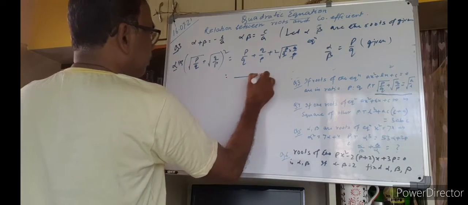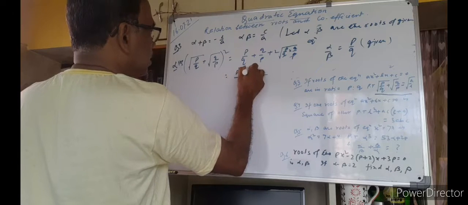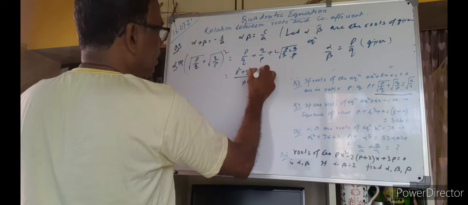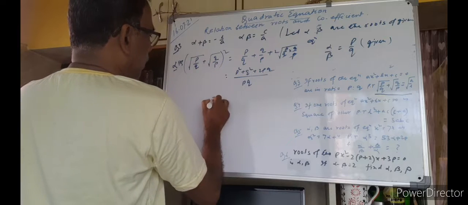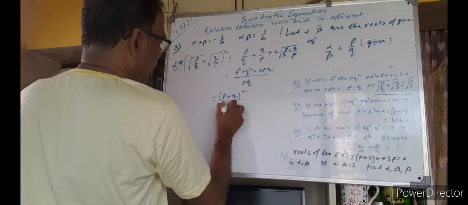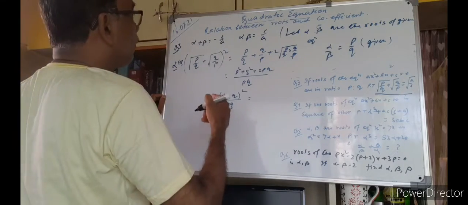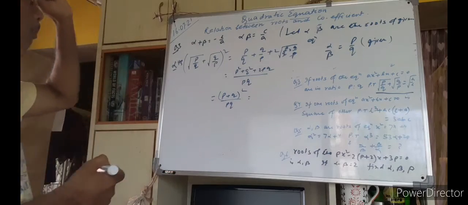PQ is the LCM: P square plus Q square plus 2PQ, that is P plus Q whole square by PQ.